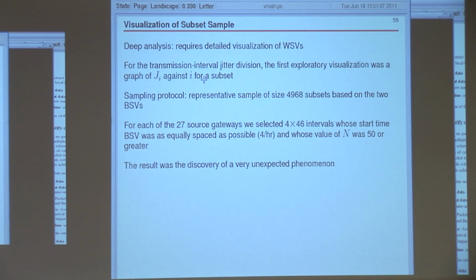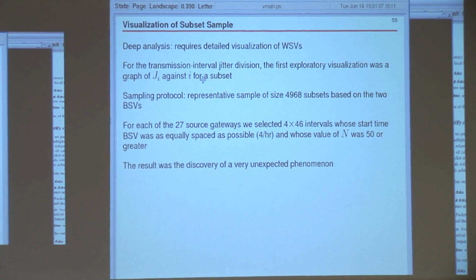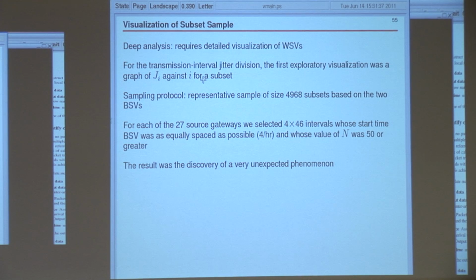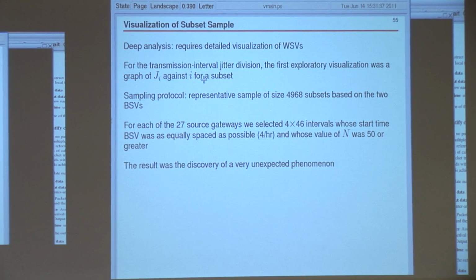We've got 14 million of them. We have to pick. We want to display jitter, j sub I, for each successive pair of packets, against the index. If you've got 50 of them, we plot j sub I against I equals 1 to 50. Just a picture to get started here.